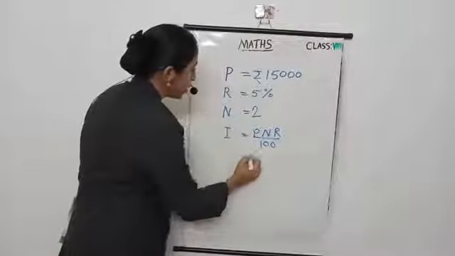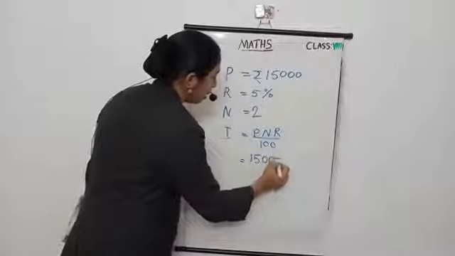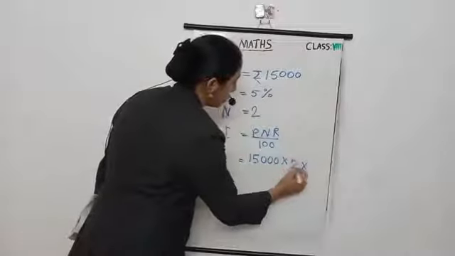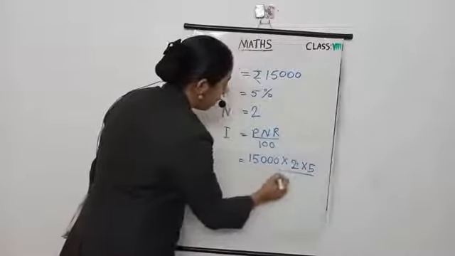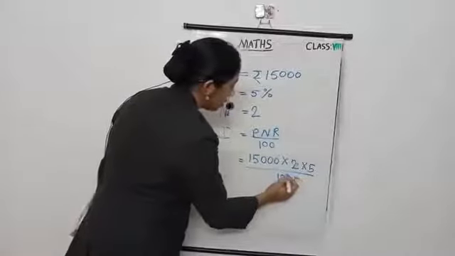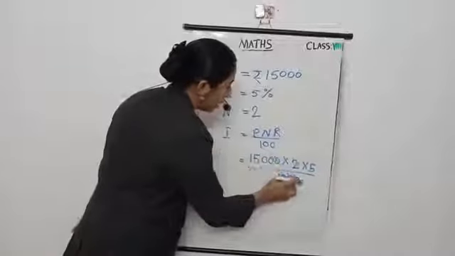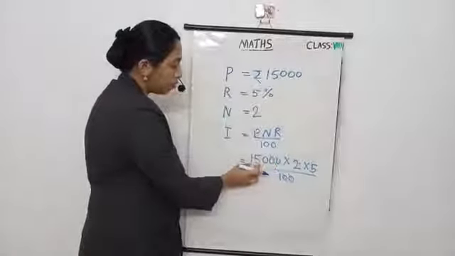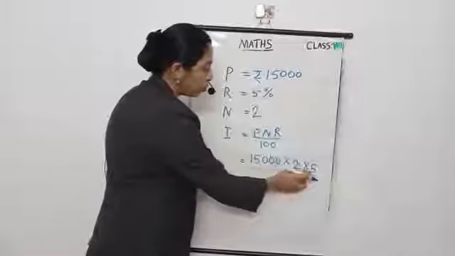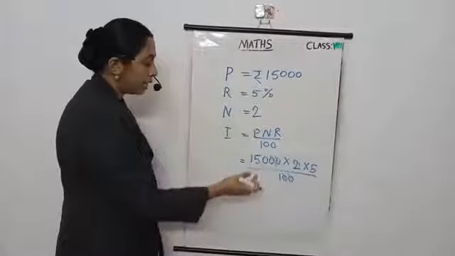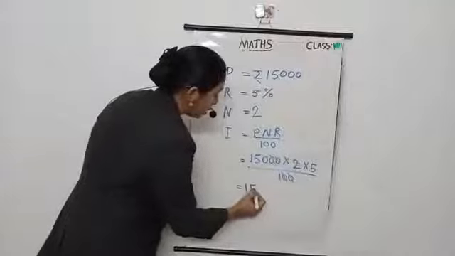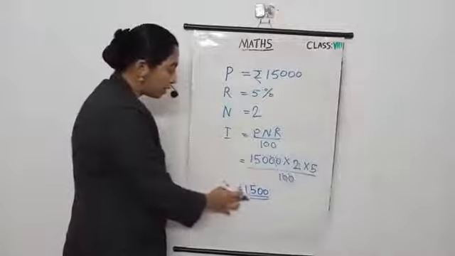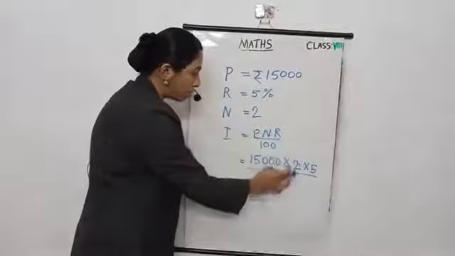Substitute these values: 15,000 into 2 into 5 by 100. We can cancel the zeros, then 150 into 2 into 5. 2 into 5 is 10, 10 into 150 we get 1500. So the simple interest is 1500 after 2 years.